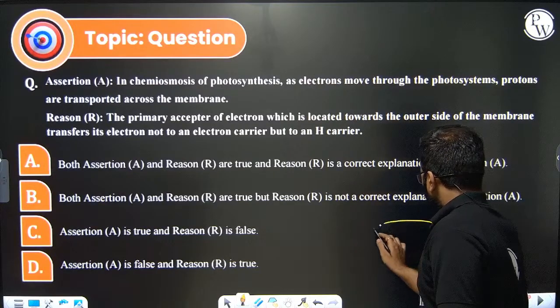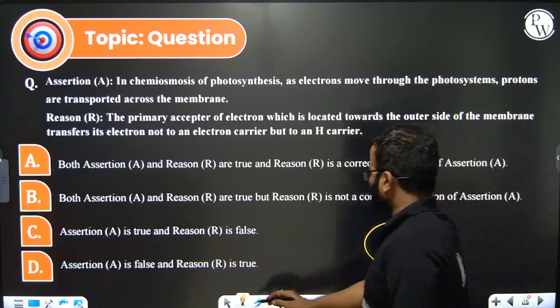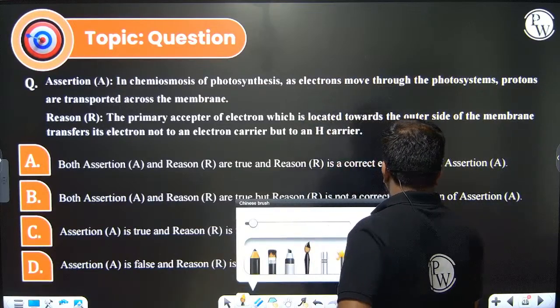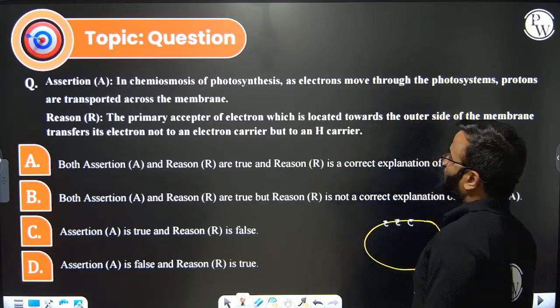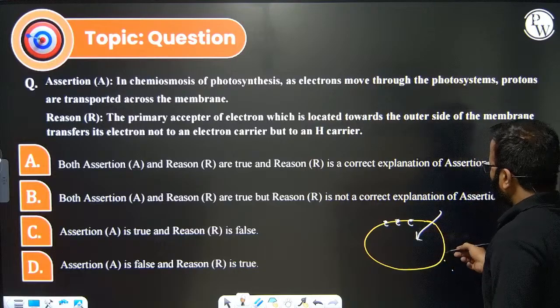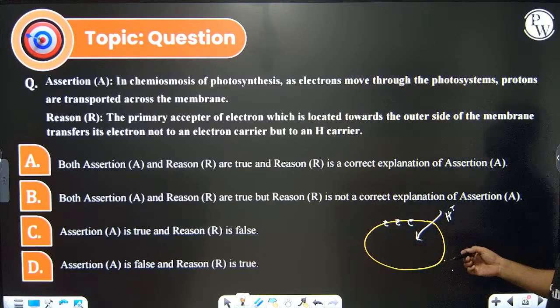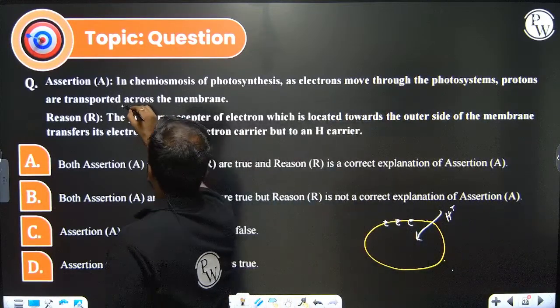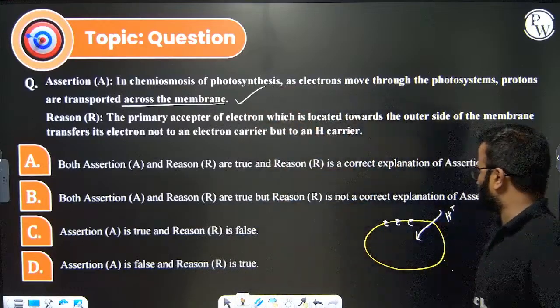Yes, imagine this is your thylakoid membrane. While the electrons are being shuffled, protons are transported into the lumen from the stroma, which we are saying across the membrane, which is true as a statement.